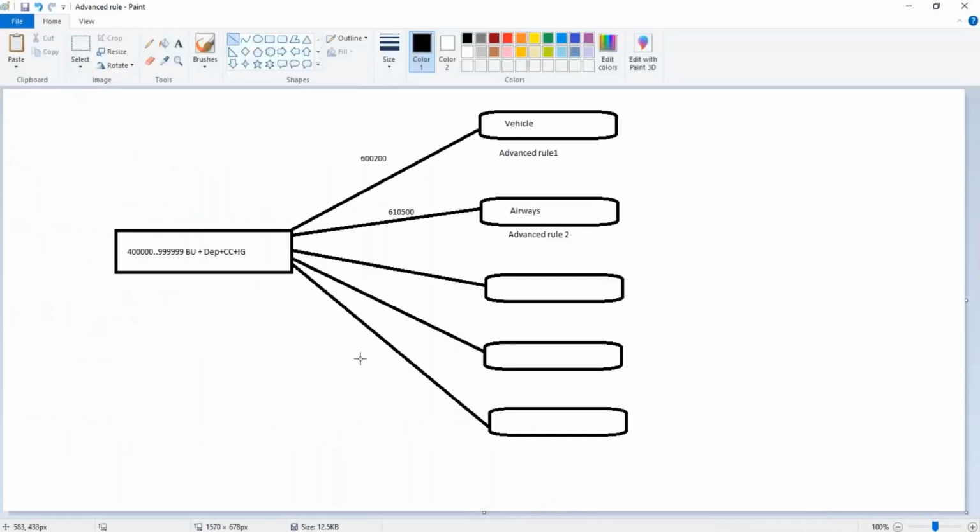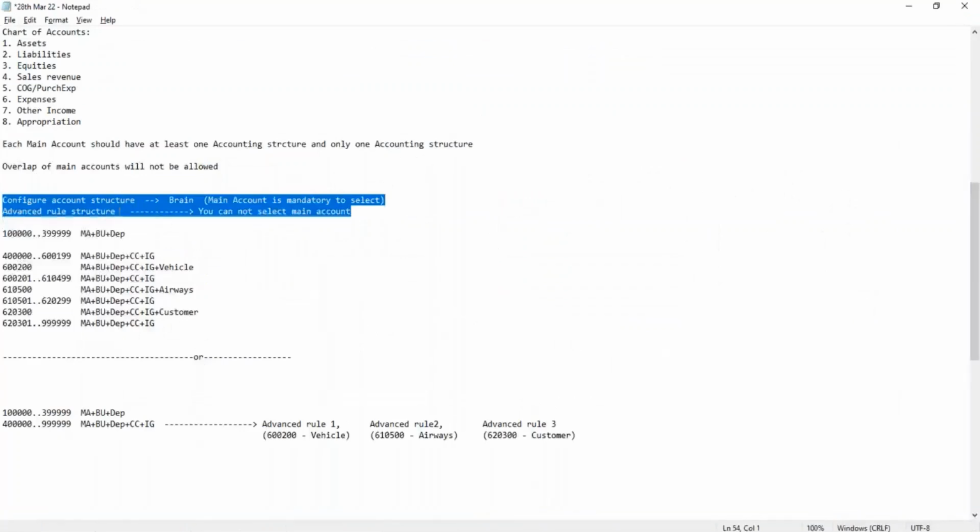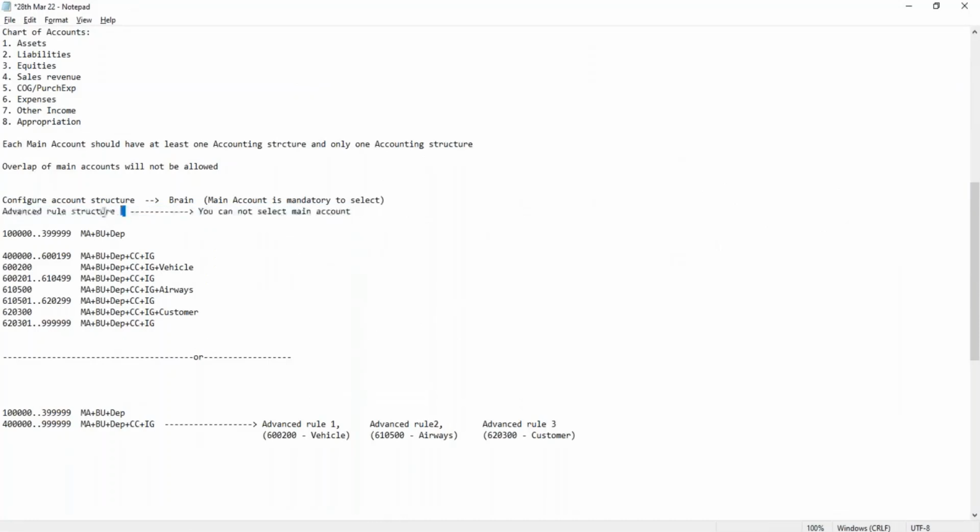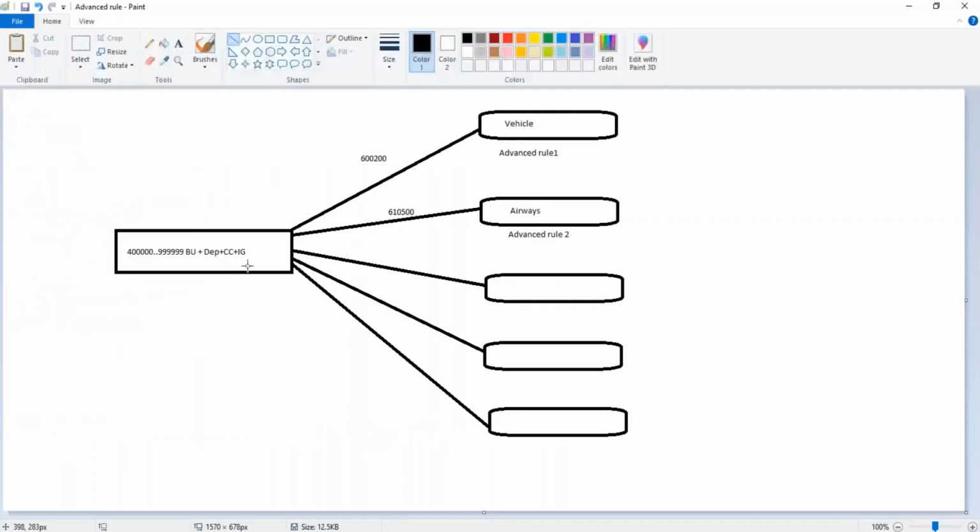Whatever is there in the accounting structure, everything is available in the advanced rule, and whatever is available in the advanced rule, everything will be available in the accounting structure. The only difference is main account. Main account can be added. It is a must in the account structure. In the advanced rule, it is not. But when you connect these two, at that time you need to select main account. Okay, let me show you quickly.